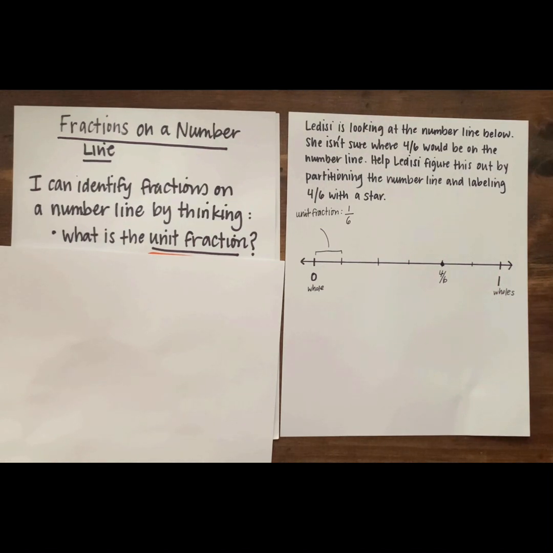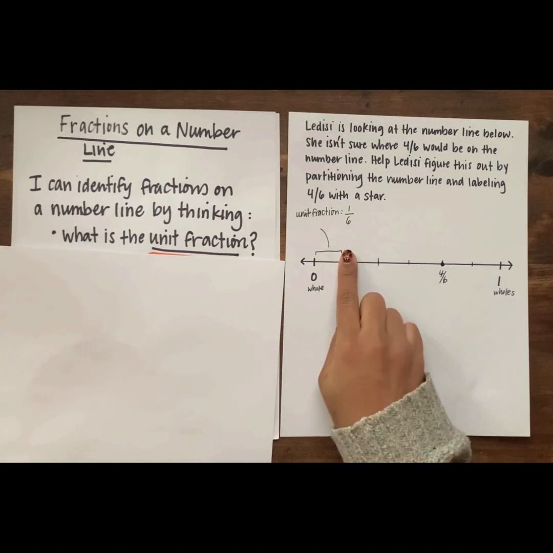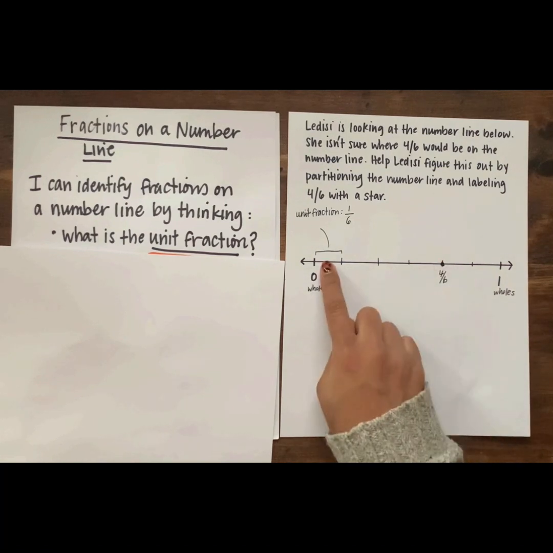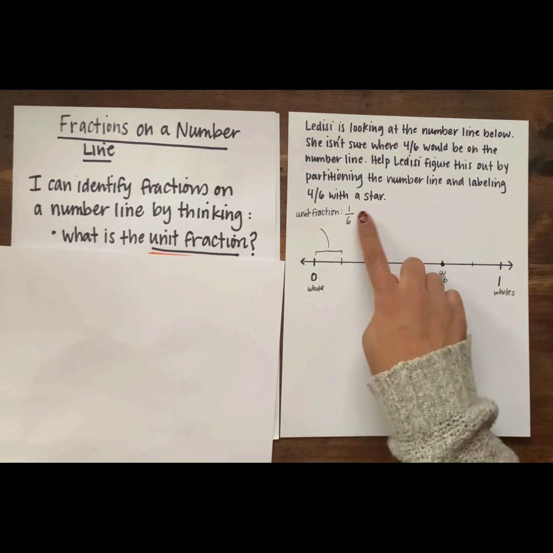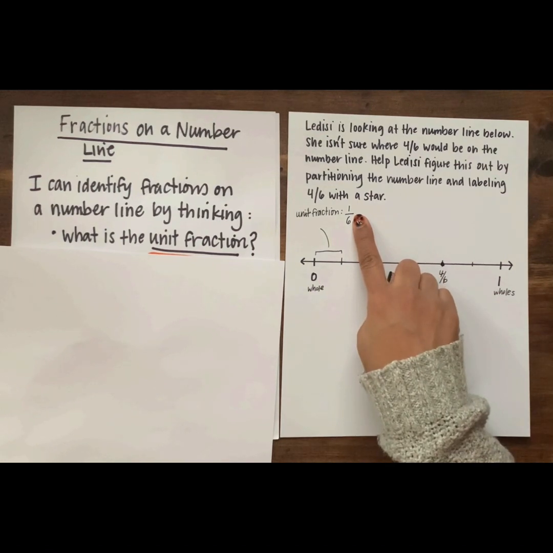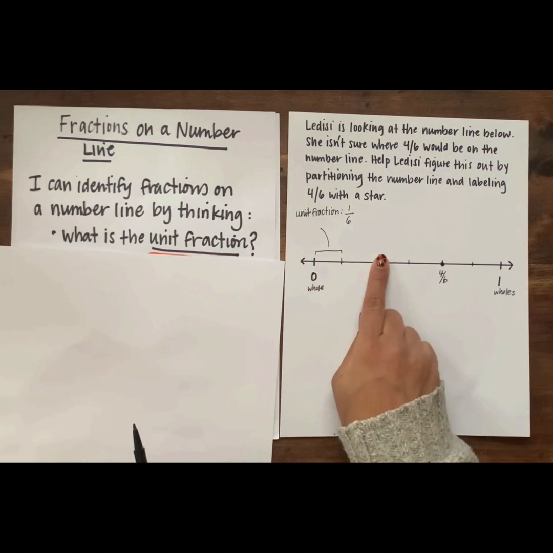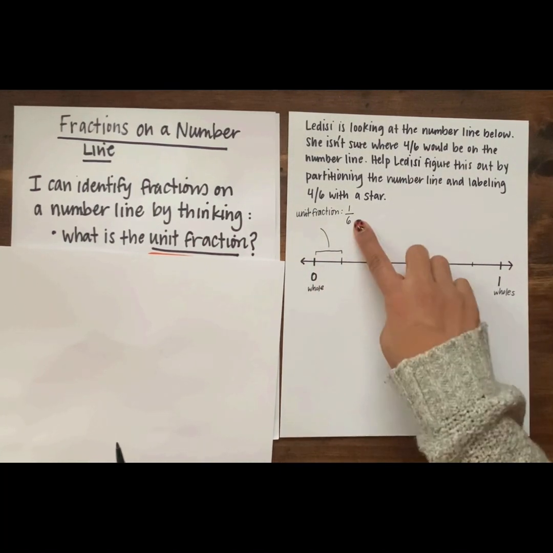You're exactly right. I heard you say that we didn't count 1 whole, 2 wholes, 3 wholes, 4 wholes because each interval is not 1 whole. Each interval is 1/6. The unit fraction is the building block here because we know that each interval is just a copy of 1/6.